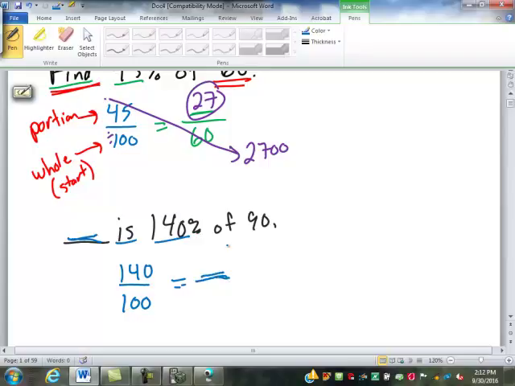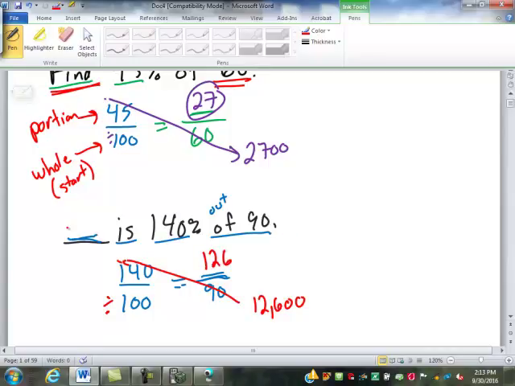That's implying to us that that missing amount is matching up with the 140. Again here, of 90, we can read that as out of 90. So 90 will go on bottom. So when we cross multiply and divide, what two numbers do we multiply here? 140 times 90, which is 12,600. Good. And we divide by 100.